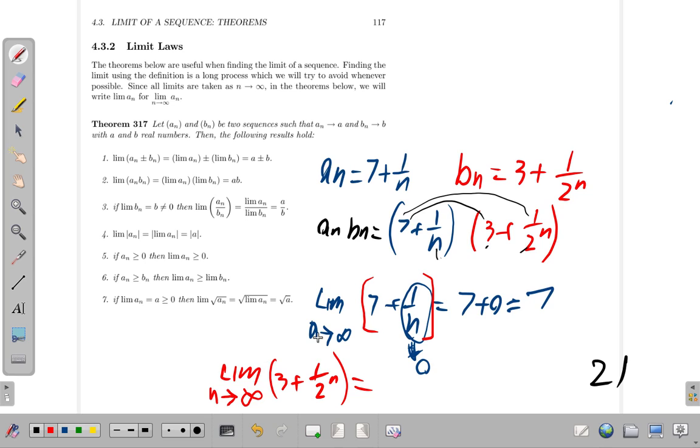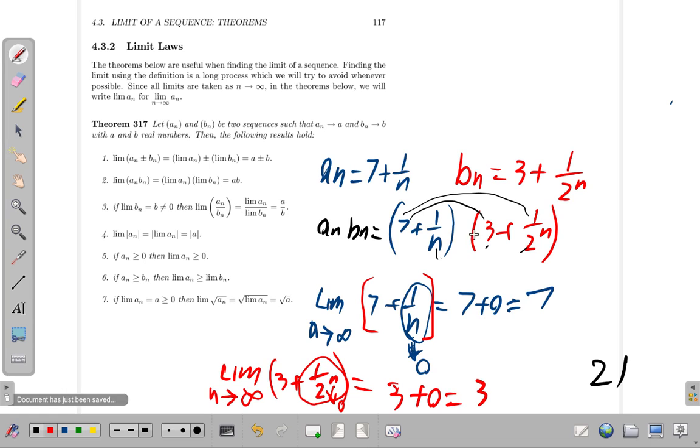So let me put the bracket around them so that the limit applies to both of them. Here, this is 3 plus, when you have 1 over 2 to the n and n tends to infinity, the 2 to the n would become bigger and bigger, and the 1 over that would become smaller and smaller. So all of this part would tend to 0. So it's 3 plus 0 equals 3.